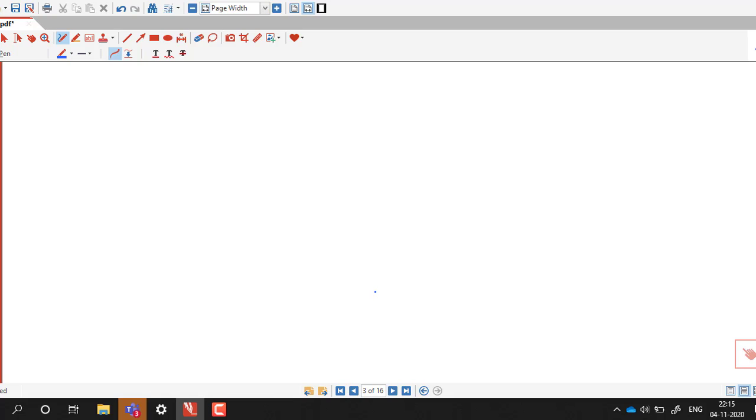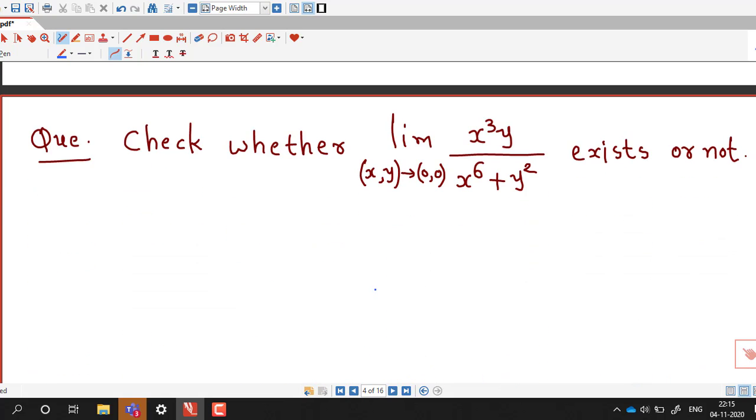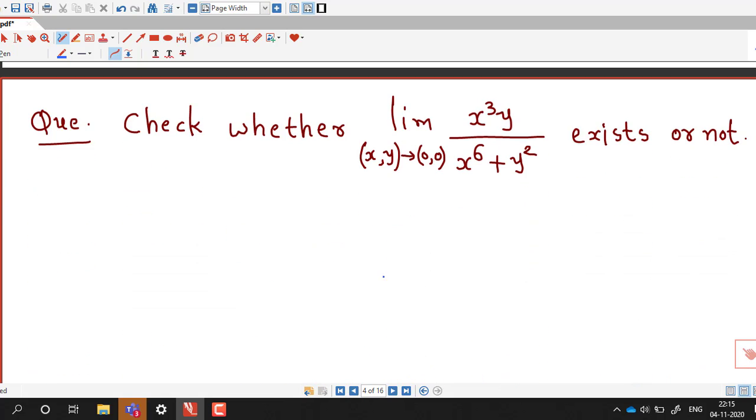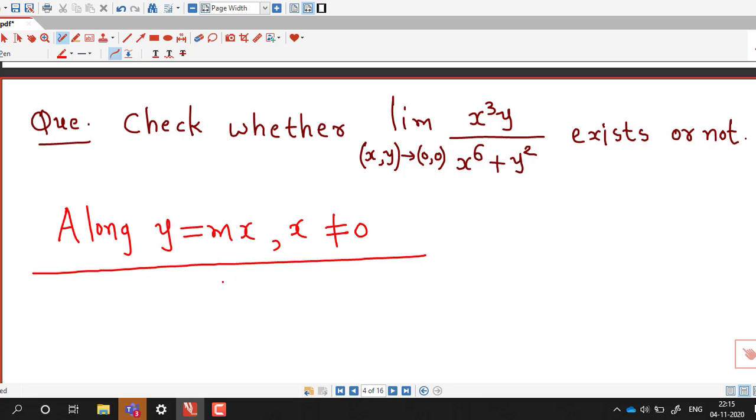We consider one more example of limit. Check whether limit of x cube y over x raised to 6 plus y square exists or not. So here also we first try to check along different paths. So if I put y equal to mx, then I check what is our function first.